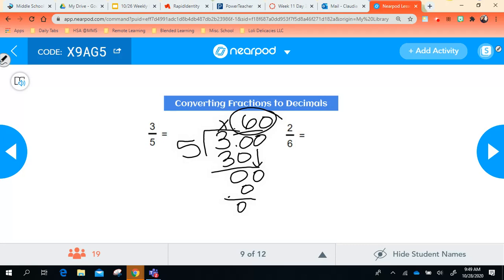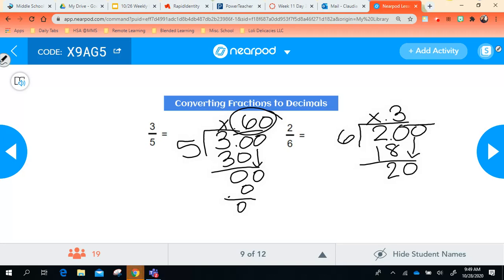2/6. What goes in? 2. What goes out? 6. Okay, does 6 go into 2? No. What do I do? 0.0. Does 6 go into 20? Yes. How many times? 3. 3 times 6 is 18. Subtract, I get 2, add a 0 and bring it down. 6 goes into 20, 3 times. 3 times 6 is 18.